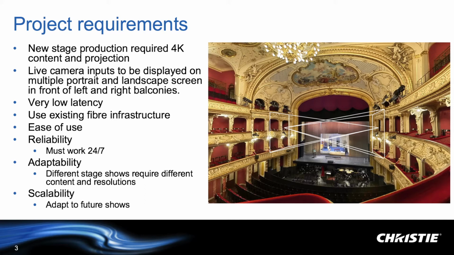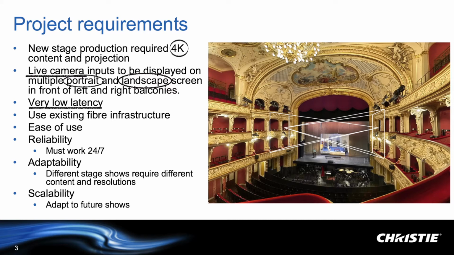So the project requirements for this: they needed something to transmit. So actually they ended up putting a projector either side. And so the project requirements were 4K. They needed live camera and content on different screens, that some were portrait, some were landscape, that were suspended in front of the balconies.